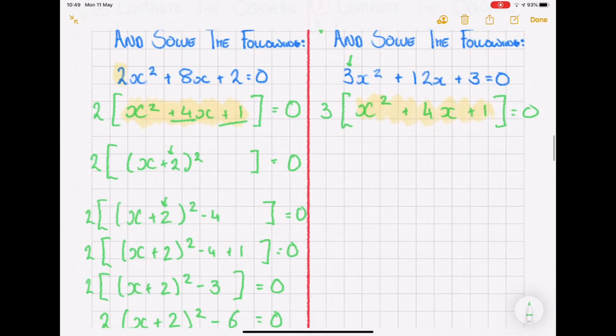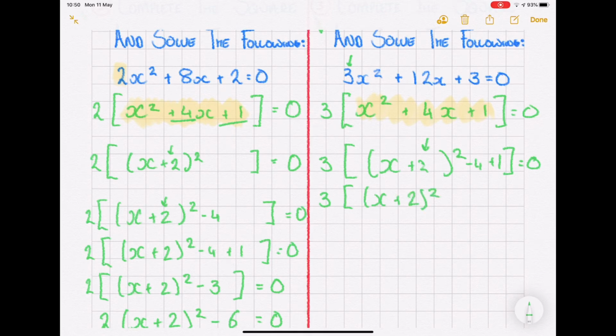So 3 brackets x squared. This number here is going to be half that, so half of positive 4 is positive 2. Let's do a couple of steps in one. What's positive 2 squared? It's 4, so we subtract 4, and then we add on the 1. That equals 0. Let's simplify, tidy it up.